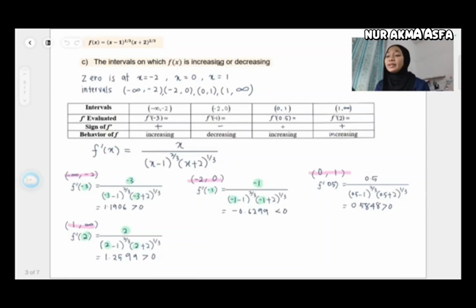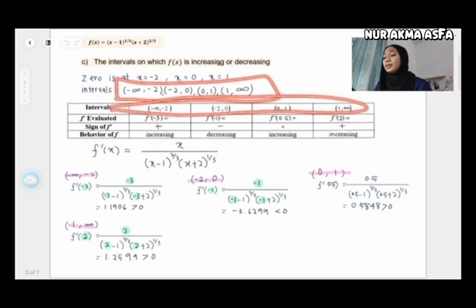The first derivative is 0 at x equals -2, x equals 0, and x equals 1. These are the critical points which subdivide the domain into intervals of negative infinity to -2, -2 to 0, 0 to 1, and 1 to infinity. We can put these intervals into the table like this.